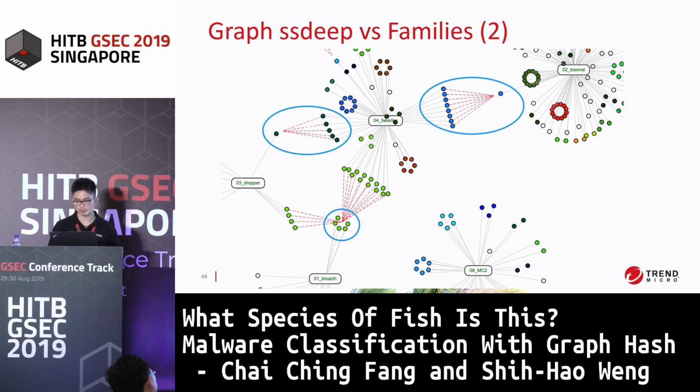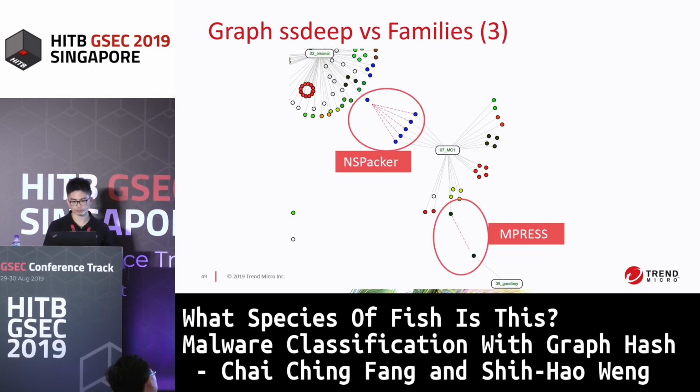So it means that we might have ignored some facts before. Let's go to the red circles. What does the relationship mean? After formal analyzing, we realize that these samples share the same packers. The above red circles is NS packer, and the below red circles is Empress. It's quite interesting.